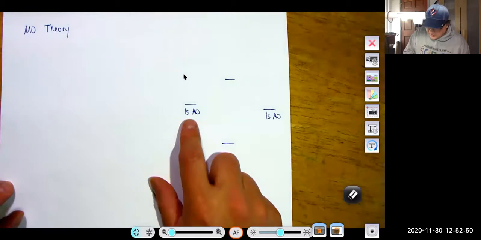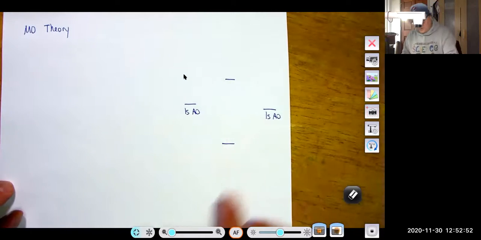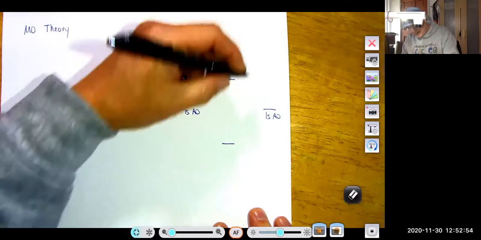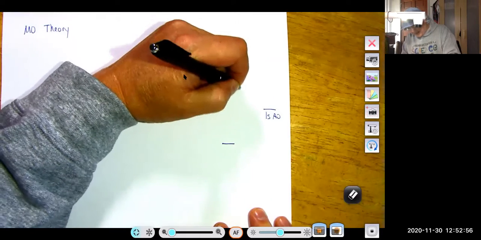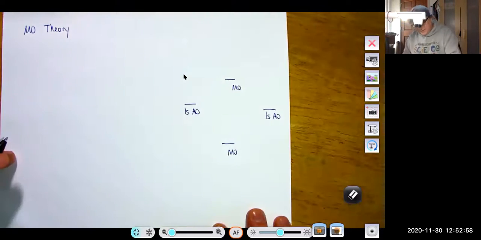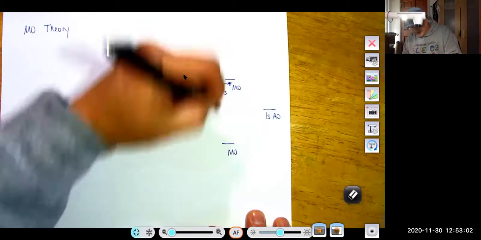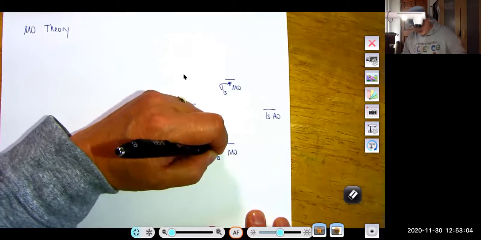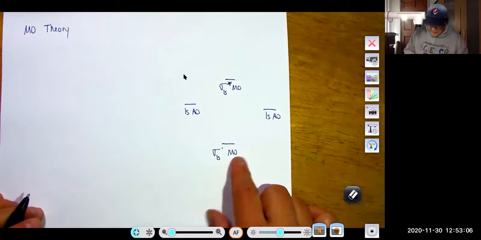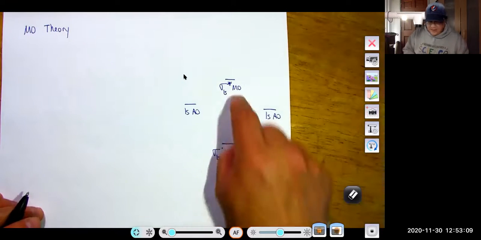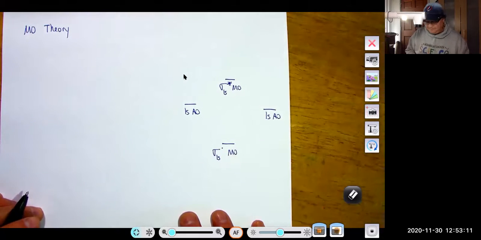So this is a 1s atomic orbital. This is a 1s atomic orbital. And this is an MO, and this is an MO. And this happens to be a sigma 1s star and a sigma 1s MO. So you've got a sigma 1s MO and a sigma star 1s MO.